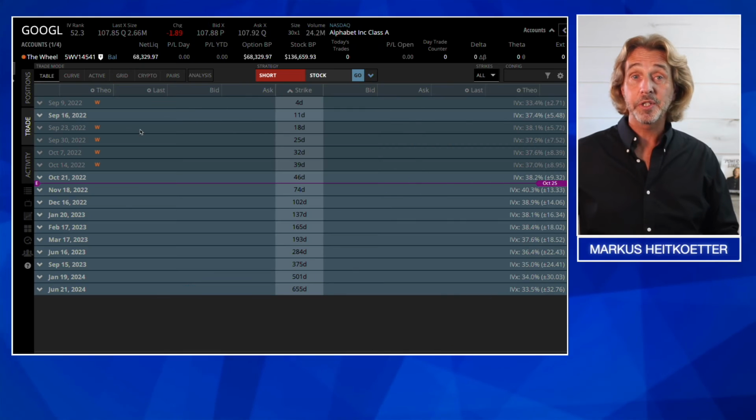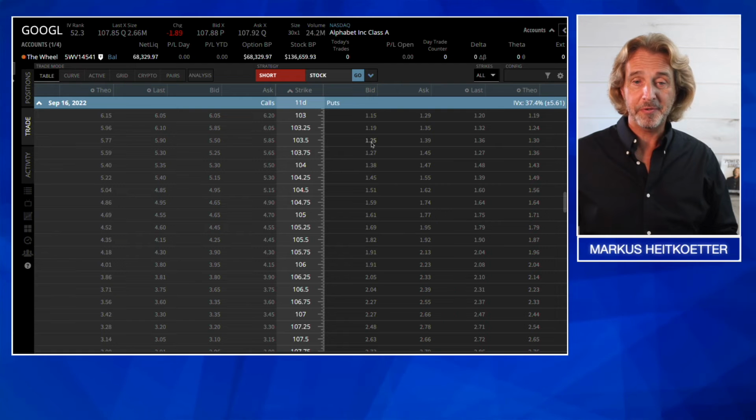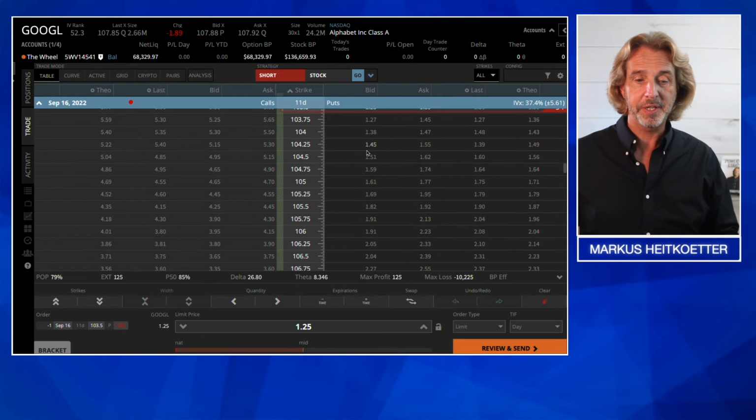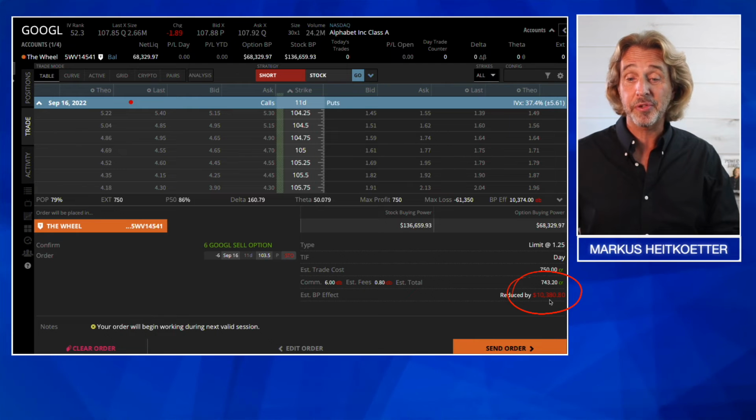Let's actually put this trade on and see how much margin the broker requires for this trade. All right, so we want to go to September 16, sell the 103.50. So we're doing this right here, and we're changing this to 6 contracts. So as you can see, the broker only requires $10,380.80.